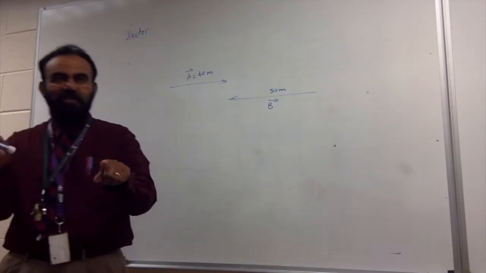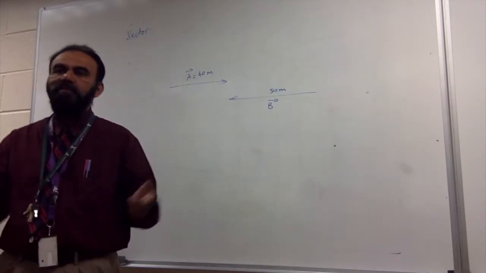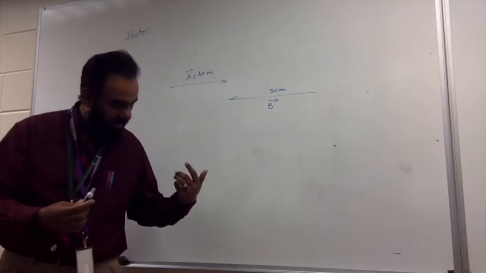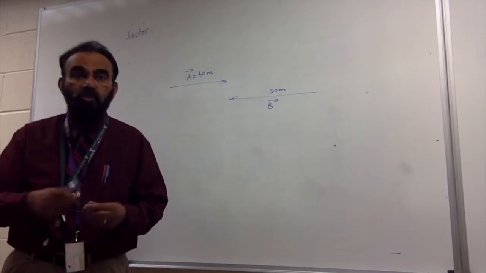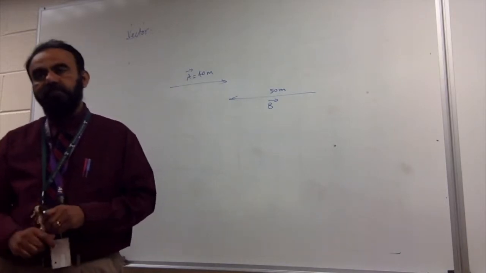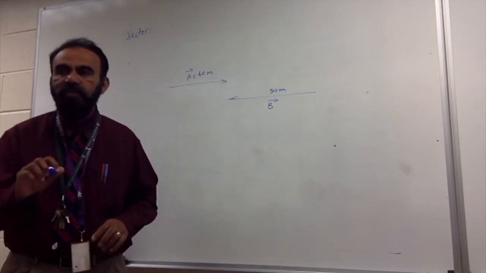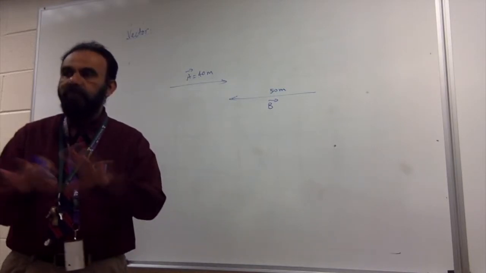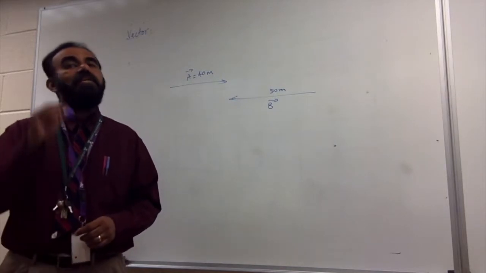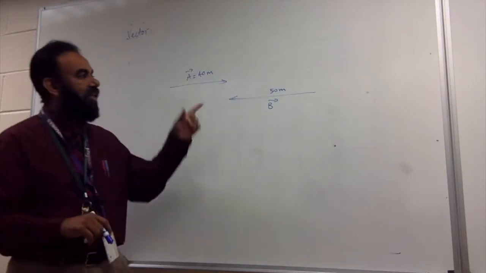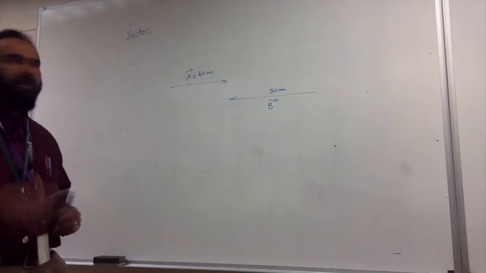If it is 20, make it a little bigger. You don't have to really draw them to scale. That's good, but we don't want to waste time on that. So when you're drawing vectors, even roughly for solving problems, do it approximately to scale like this. It will make better sense later on.